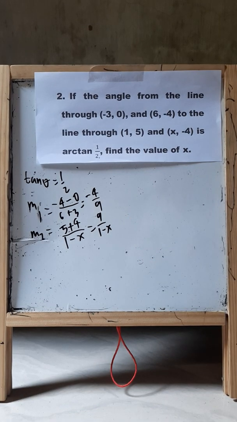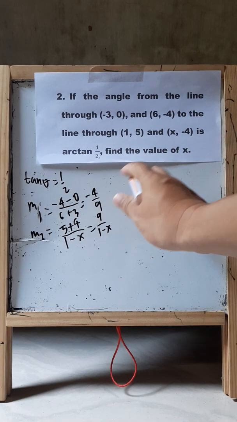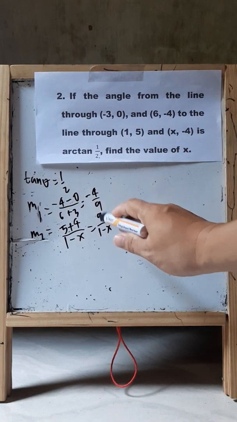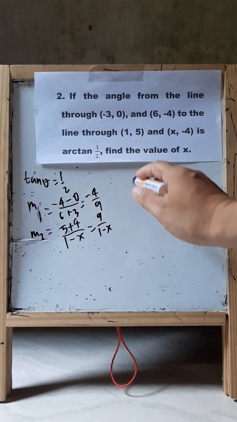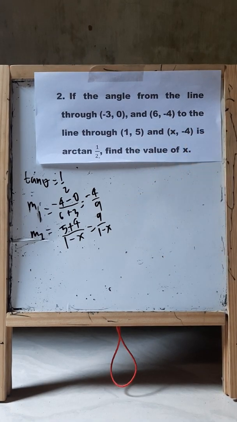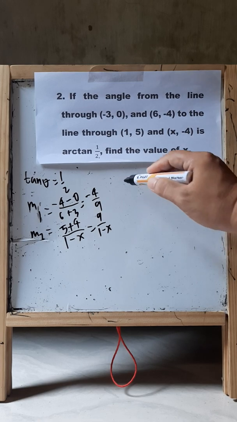Or, negative 4 minus 5 over x minus 1, this is the same as negative 5 plus 4 over 1 minus x. Okay, pareho lang yan.